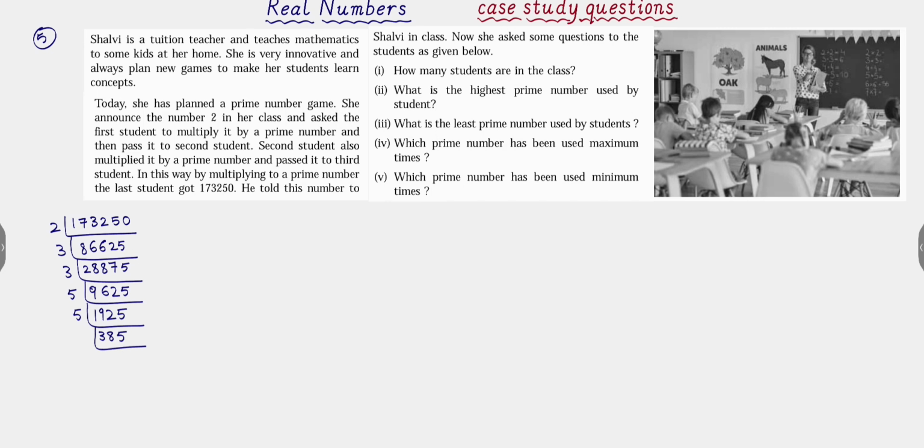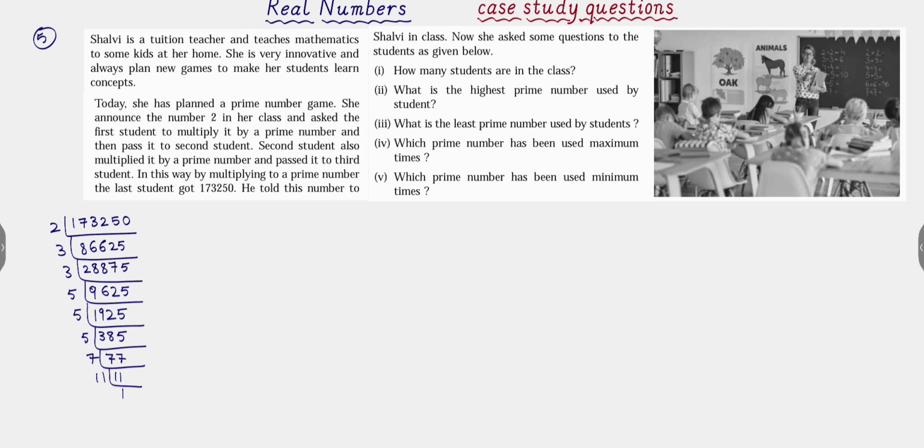Again by the 5 table, 5 7s are 35, 3 will be left, 35, again 5 7s are 35. Now 7 table, 7 11s are 77. If you want, one more time we can write it like this.